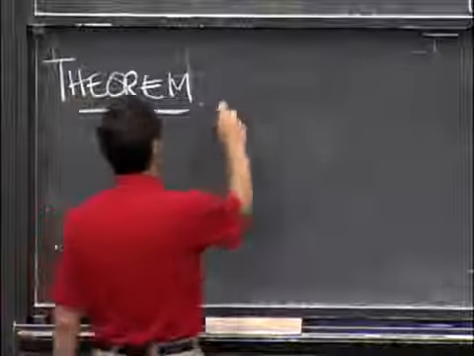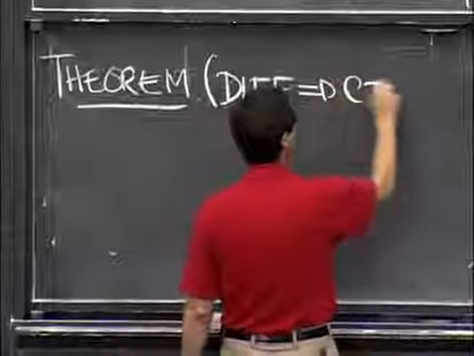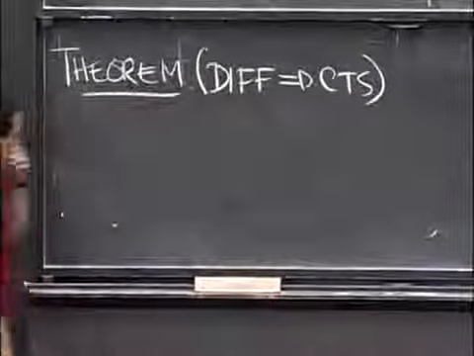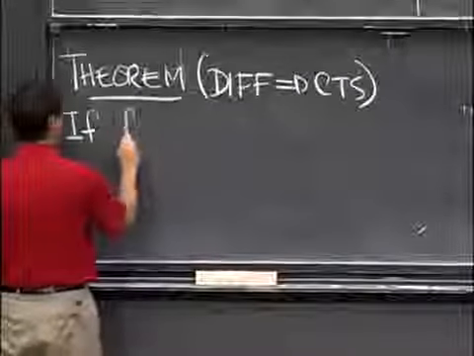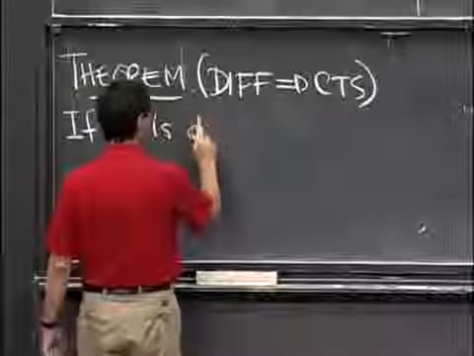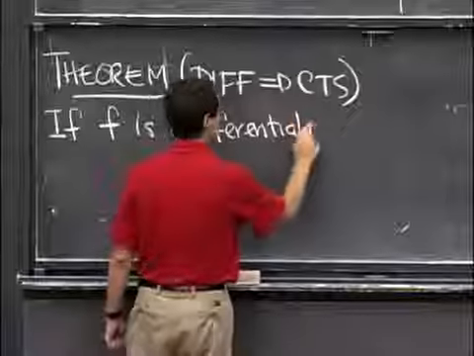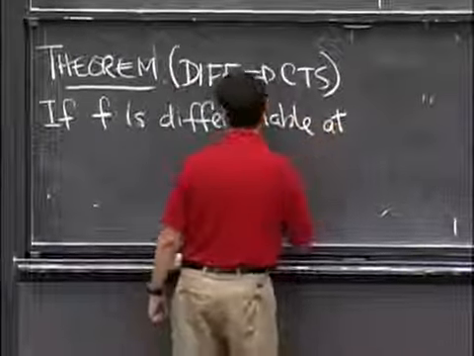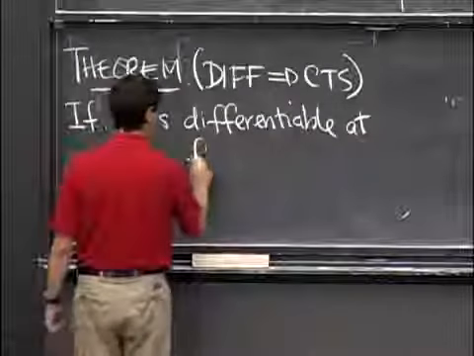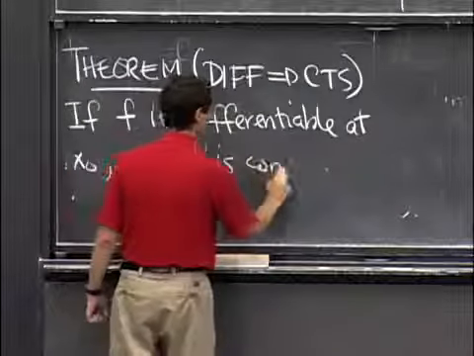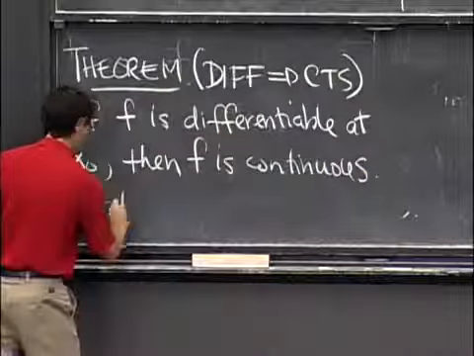So the theorem goes under the name differentiable implies continuous. And what it says is the following. It says that if f is differentiable, in other words, the derivative exists at x0, then f is continuous at x0.